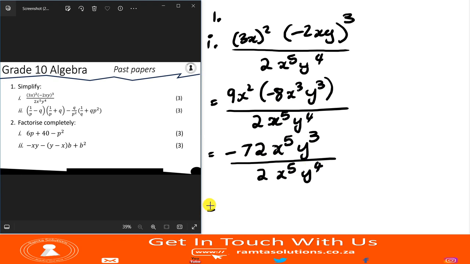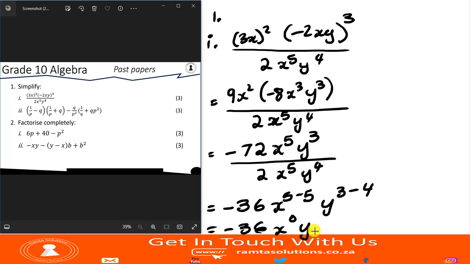This then reduces to negative 72 divided by 2 will be negative 36. As you can see, you can cancel x to the 5 with the x to the 5. Or you can say x to the 5 minus 5, y to the 3 minus 4. This will be reduced to negative 36, x to the 0, and y to the negative 1.